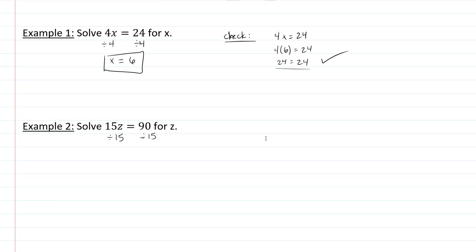Well, not really cancel, it just turns into 1z, right? Because 15 divided by 15 is 1, and 1z is just z. And 90 divided by 15 is 6. So z equals 6 is a solution to this equation.